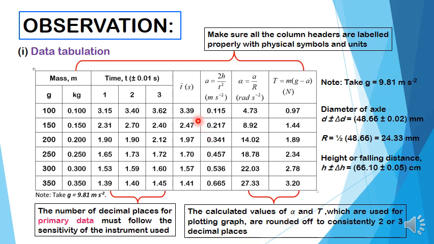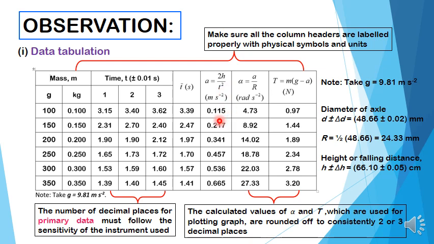The values of average t that are calculated are rounded off to 2 decimal places, same as the primary data. And the linear acceleration is obtained using the formula of 2h divided by t average squared. The value of h that is substituted is of 4 significant figures, and the values of t average that are substituted are of 3 significant figures, and the least number of significant figures is 3.